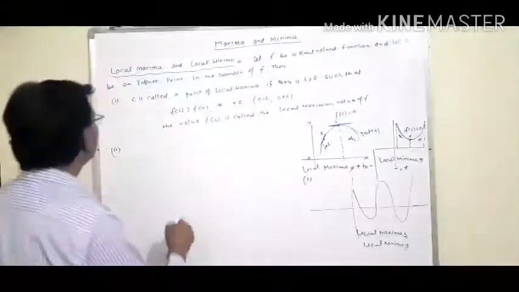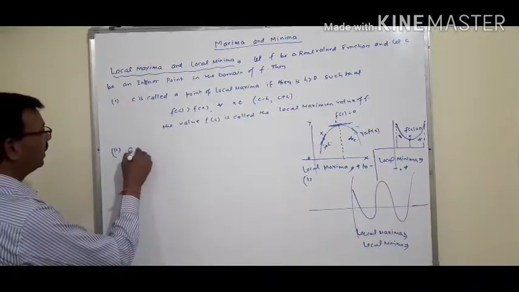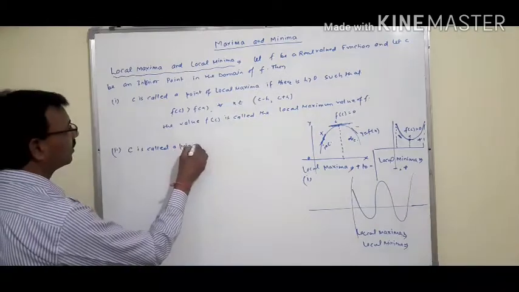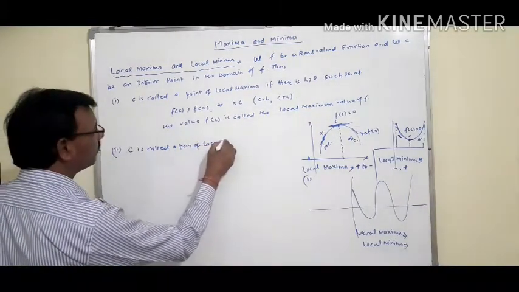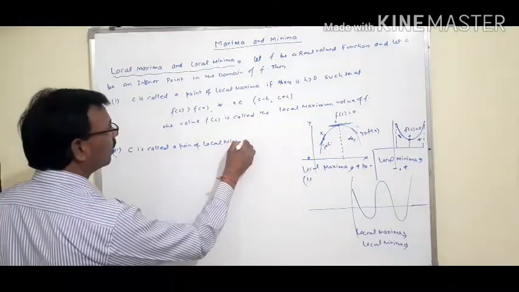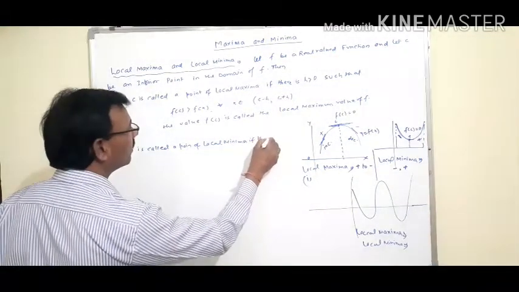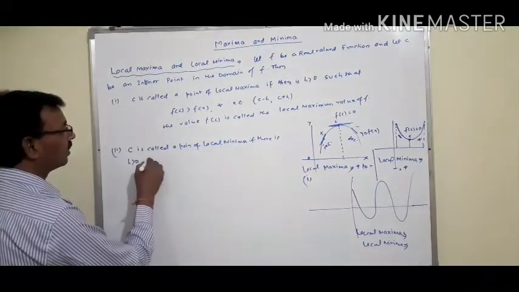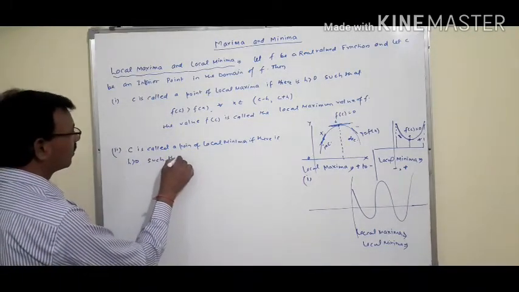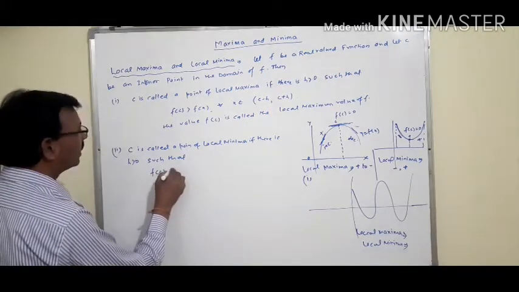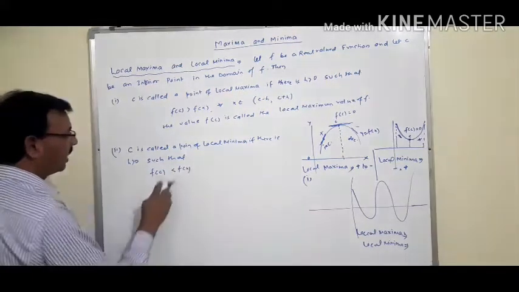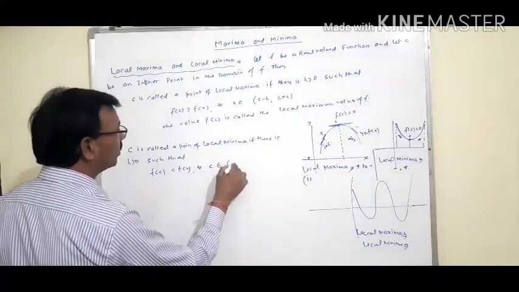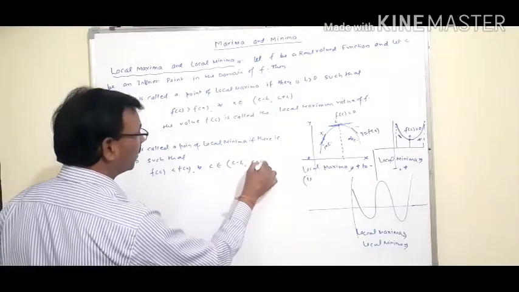How to define it? c is called a point of local minima if there is h greater than 0 such that f of c is less than f of x for all x belonging to c minus h and c plus h.